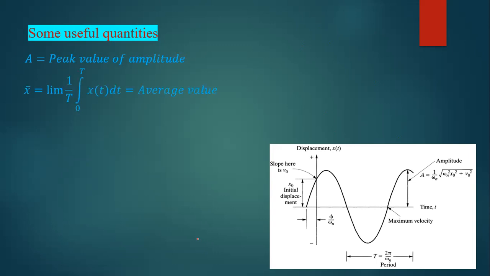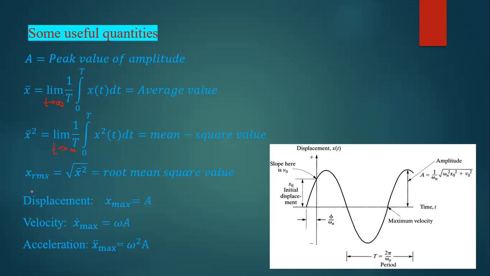The mean average values of the position and mean square values can be represented in this form using the limit as t approaches infinity. Approaches infinity here, and here also t approaches infinity. Then the root mean square value representation is given in this form.